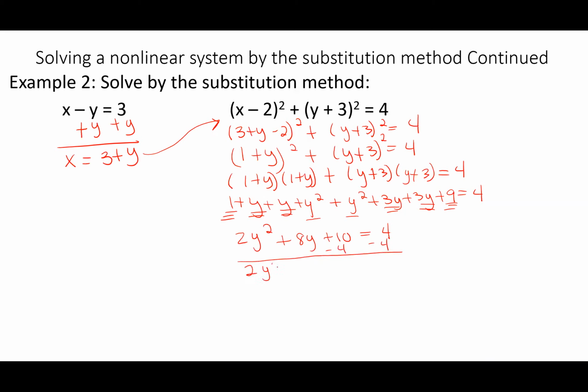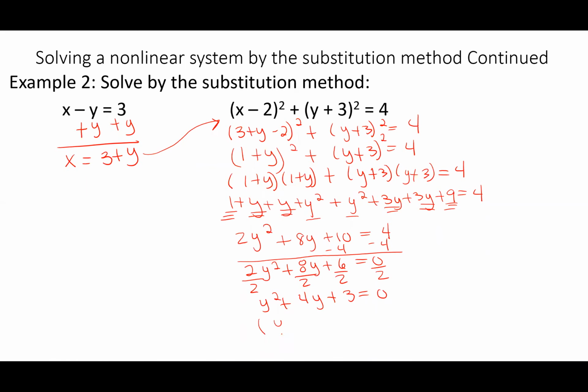So I have 2y squared plus 8y plus 6 equals 0. Now I could go ahead and factor that, but in looking, I can see that they're all divisible by 2, and since it's an equation, I can divide by 2 and make my numbers much nicer to factor.